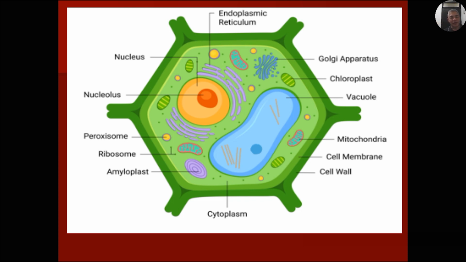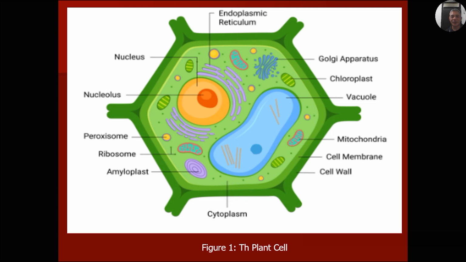Let us talk first about the cell. All of us are aware that the cell is the smallest unit structure of all living things. And if we are talking about the plant cell, this is the unit structure of the plants.